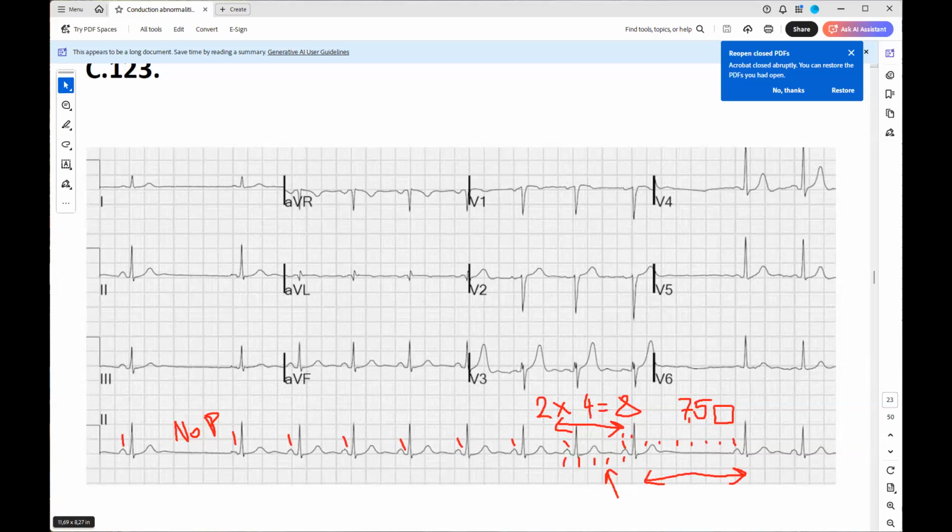When we're talking about AV block, we do have P, and we see that there is no QRS behind the P. But because we have an SA block, we have no P, because the charge is not getting out from the sinus. Of course, this is similar to the sinus arrest, yes?